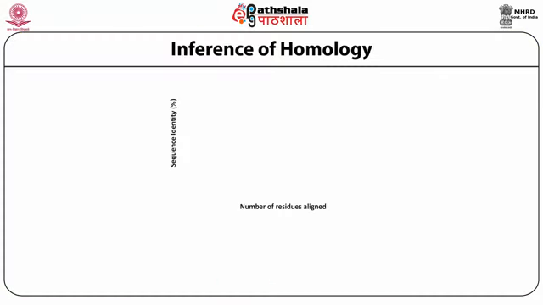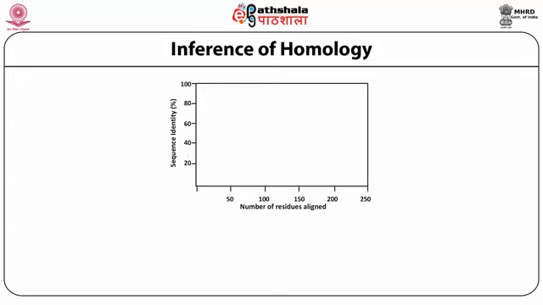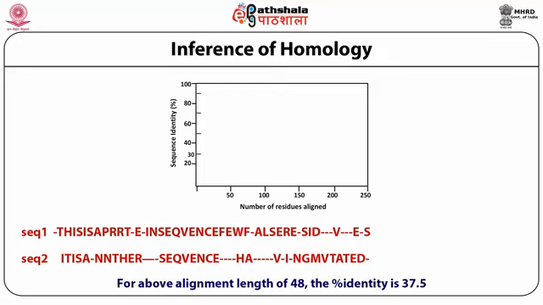An inference of homology can be derived from the identity between two sequences. The identity between two sequences is quantitative and can be used to infer homology from percentage of identical residues aligned over the length of pairwise sequence alignment. The XY graph between the number of aligned residues and percent sequence identity for known proteins shows that when the sequences are homologous, they all fall in the green region.